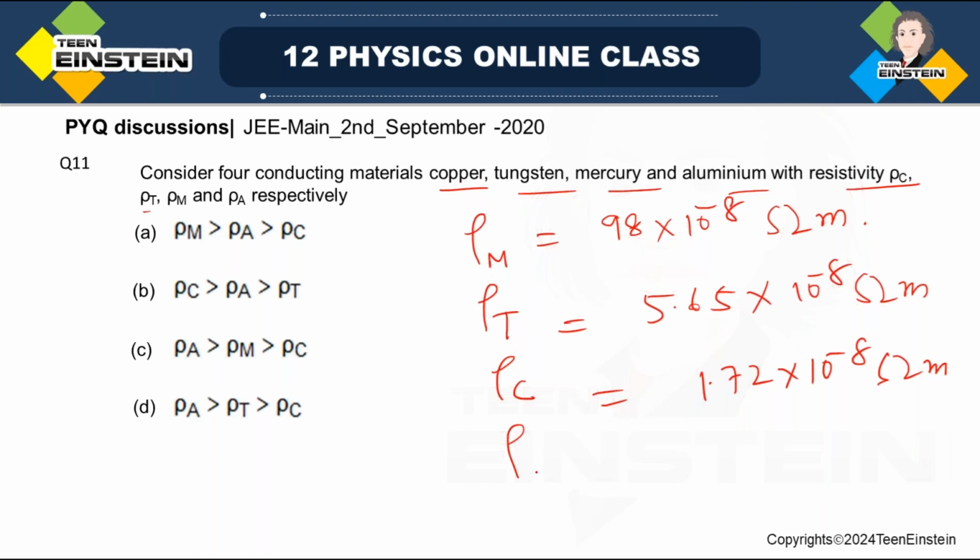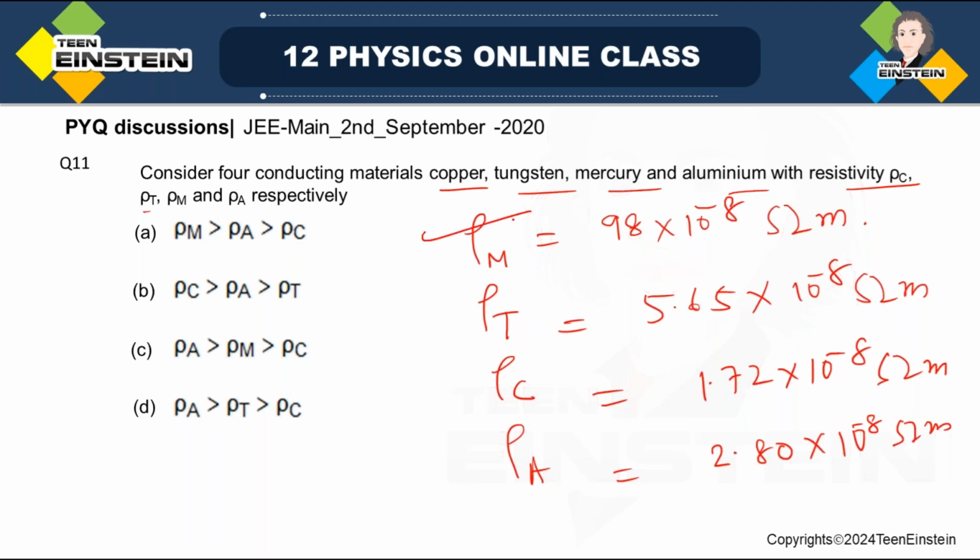And rho aluminium. Aluminium has resistivity around 2.8 into 10 to the power minus 8 ohm meter.